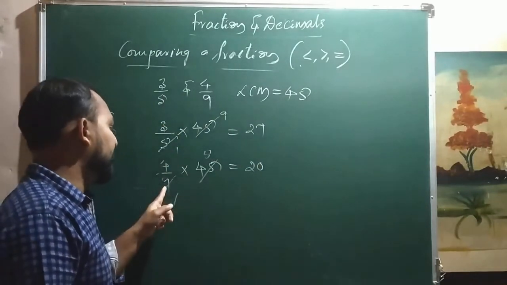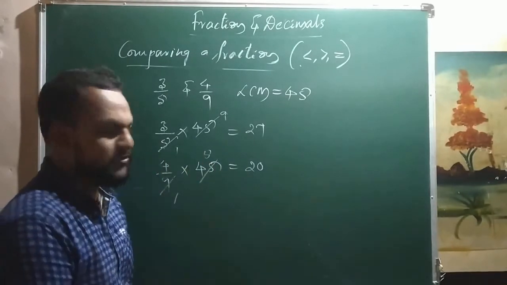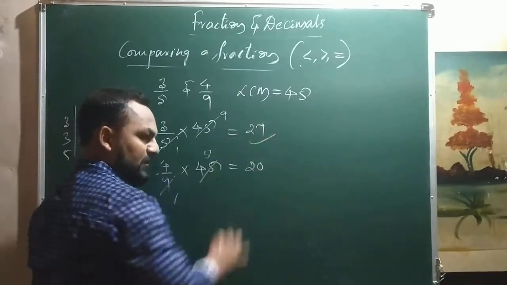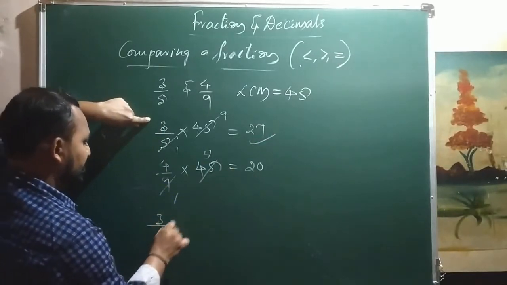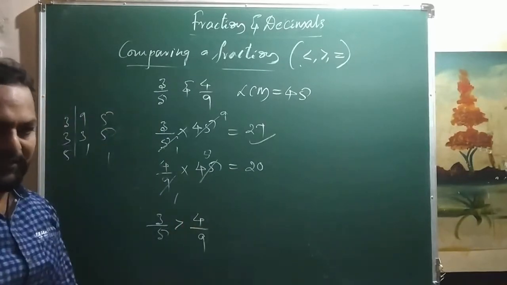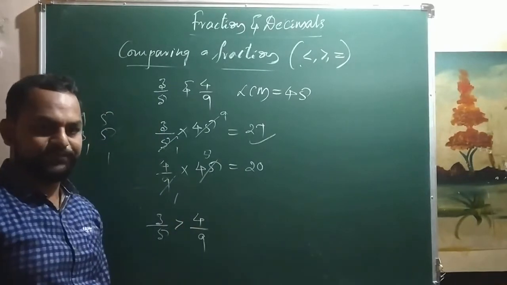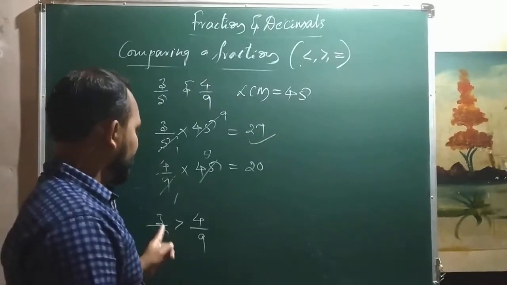Next, 9 ones are 9, 5 fours are 20. Then which is greater? 27 is greater. It means 3 by 5 is greater than 4 by 9. Okay.